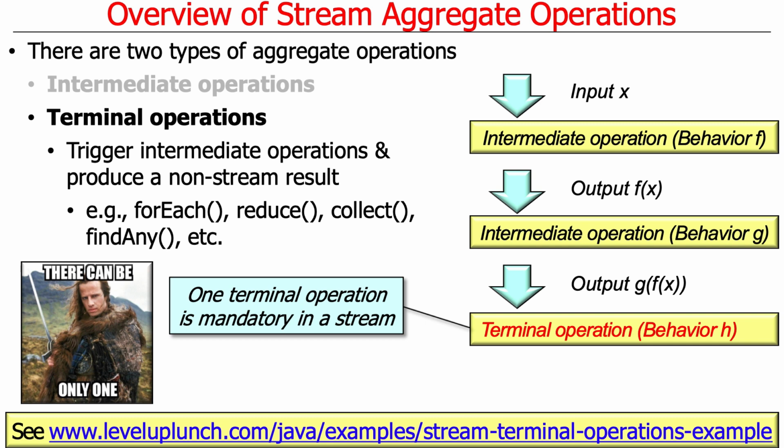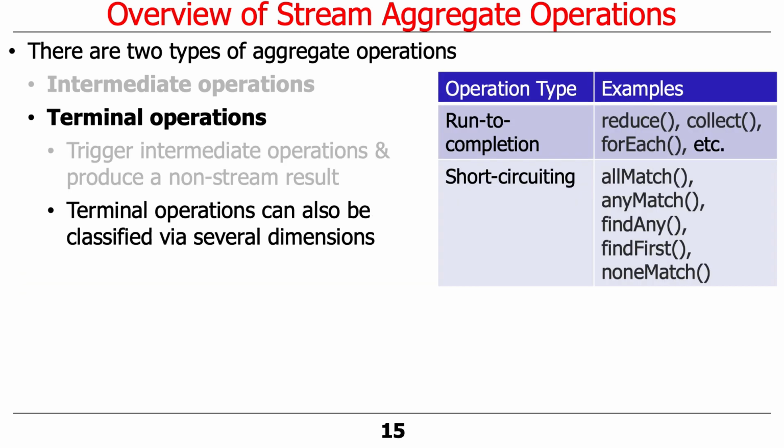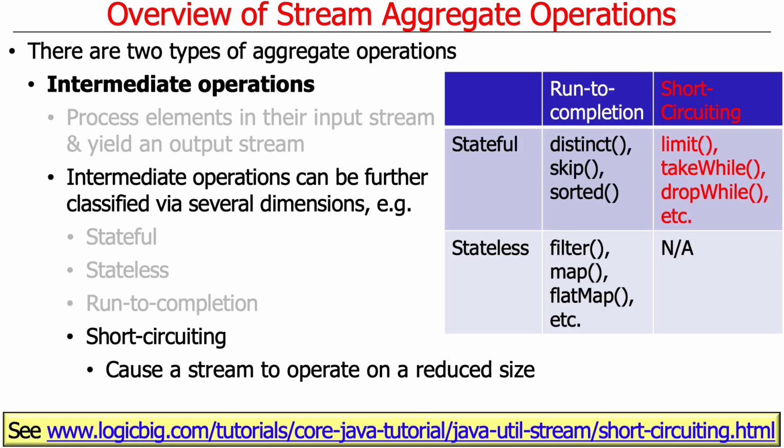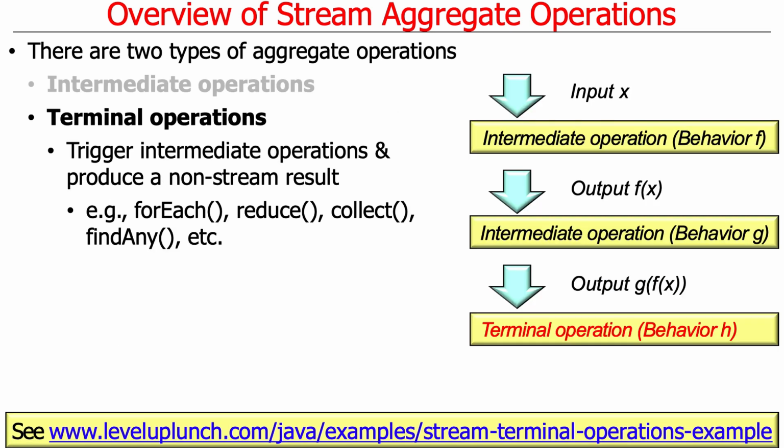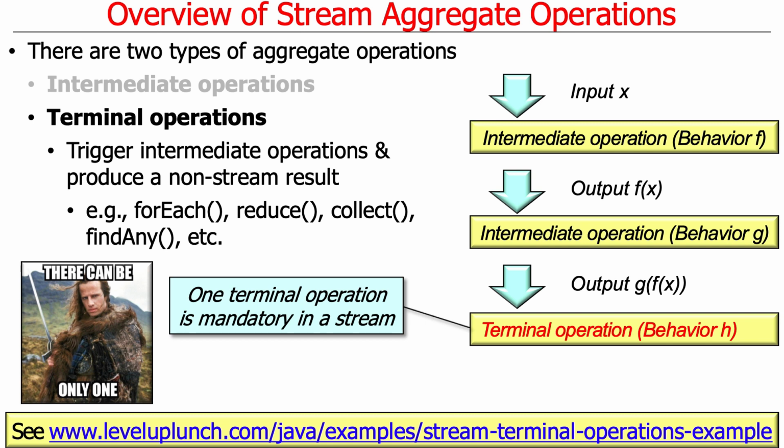OK, so once again, you can classify terminal operations according to several dimensions. You can have the operation type be either run to completion or short-circuiting, just like we did for the intermediate operations. So they don't have stateful and stateless, but they have run to completion and short-circuiting.